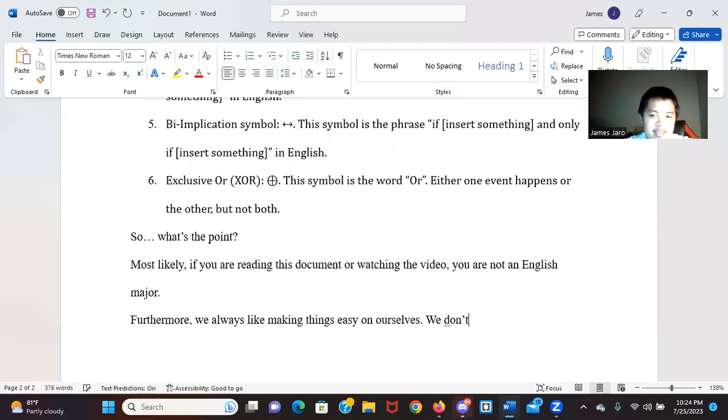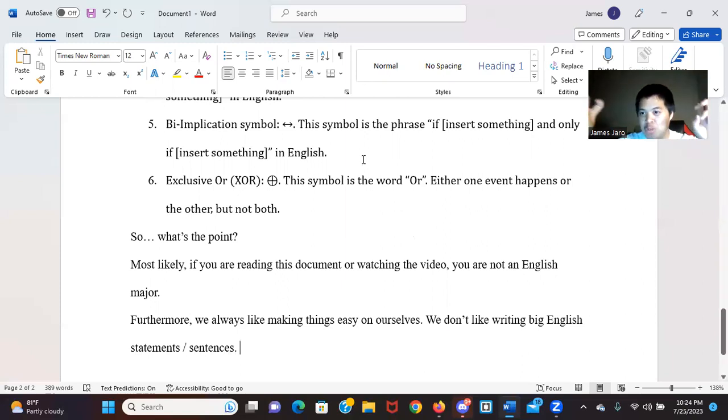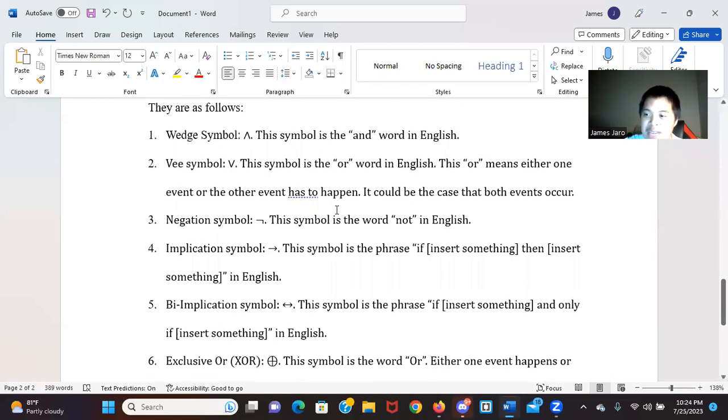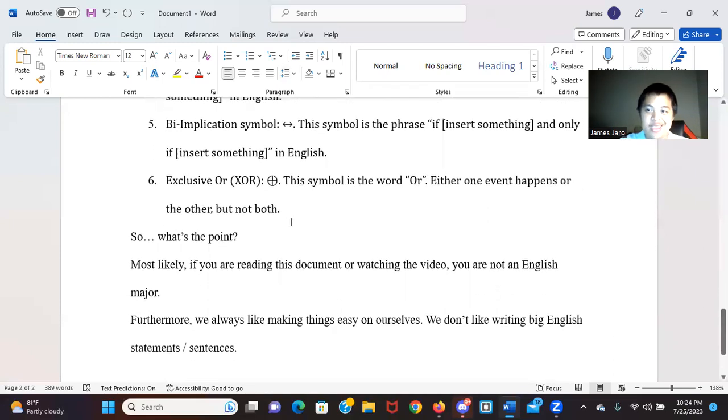We don't like writing big English statements, again, unless you're an English major, because that's kind of what the job entails. But we don't like writing big English statements or sentences. So the idea is that we want to find the quickest way to get the point across without having to write a giant sentence.